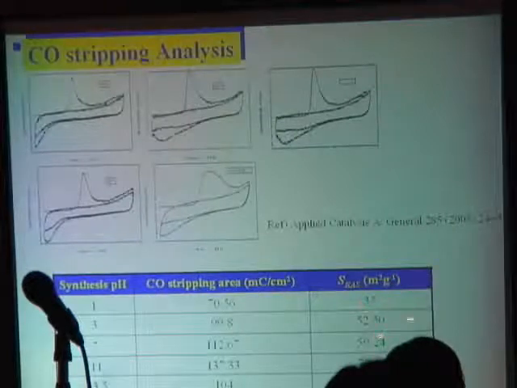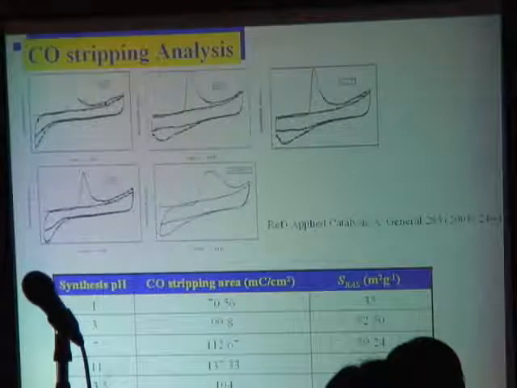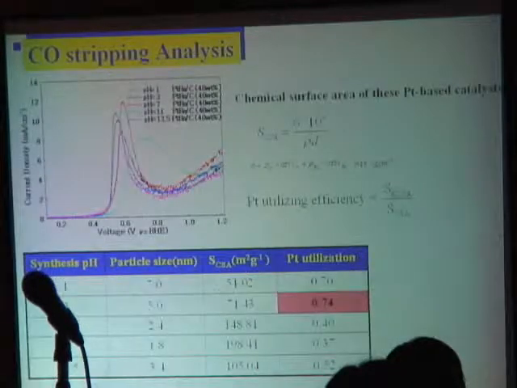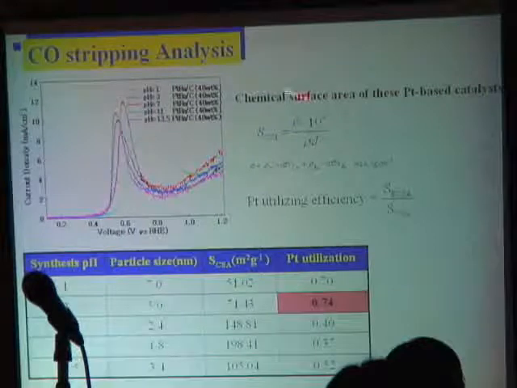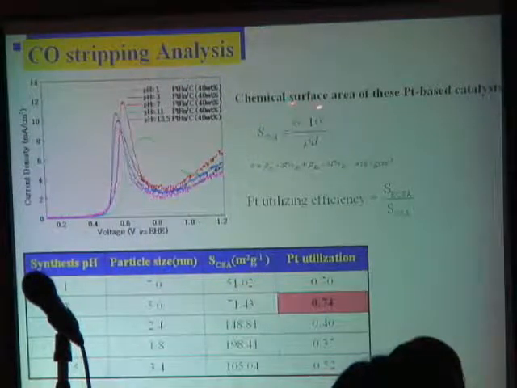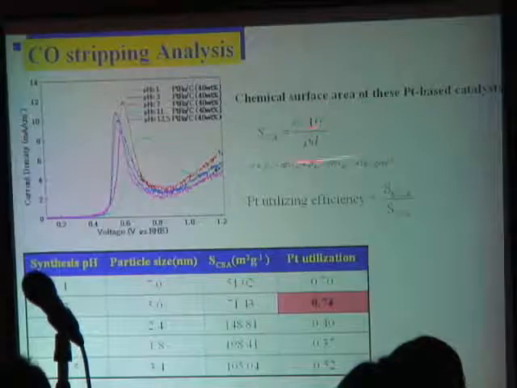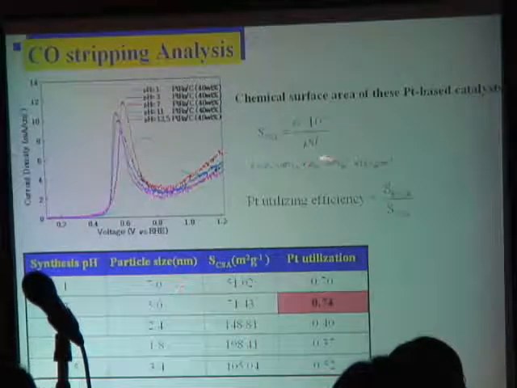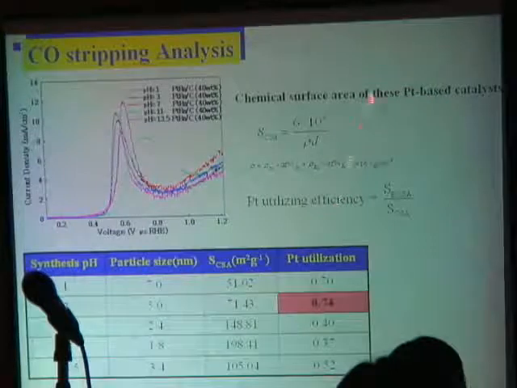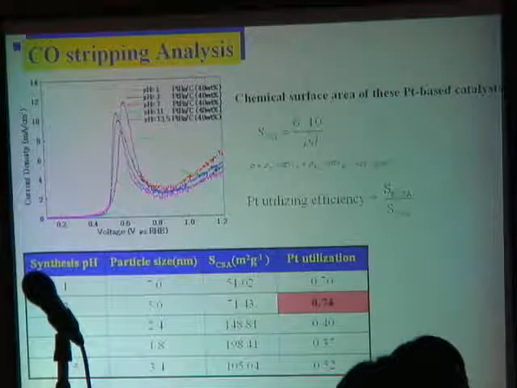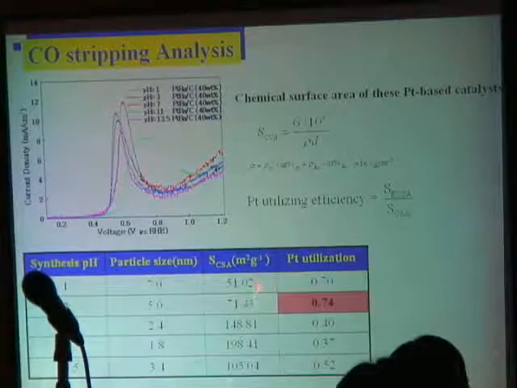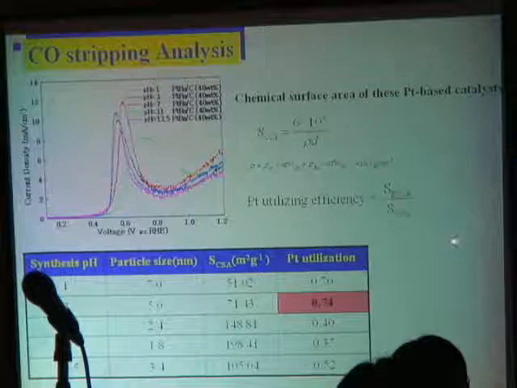This is the active surface area of the catalyst working as active sites. Also, we can calculate the chemical surface area using this equation from the alloy density and the particle size, and with another equation we can calculate the Pt utilization.